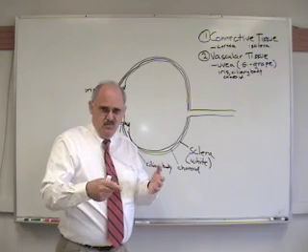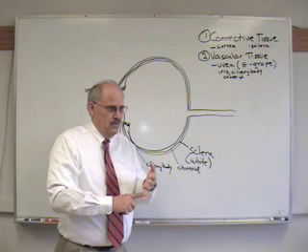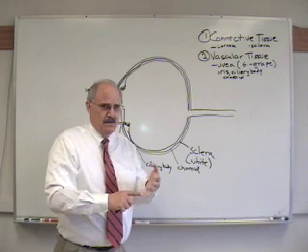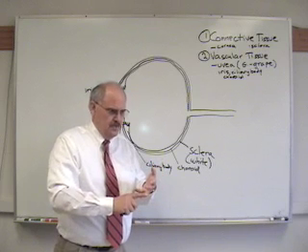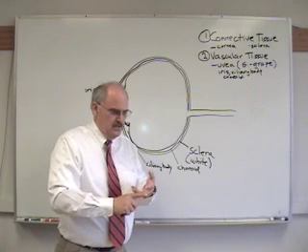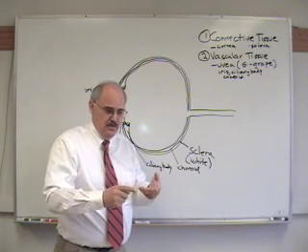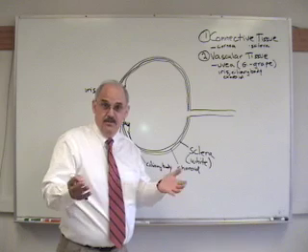Kind of remember that from way back in first year. Type 1 is, I don't know, what do they call it, anaphylaxis. Type 2 is cytotoxic, I think. Type 3 is antigen-antibody deposition. And type 4 is delayed hypersensitivity.